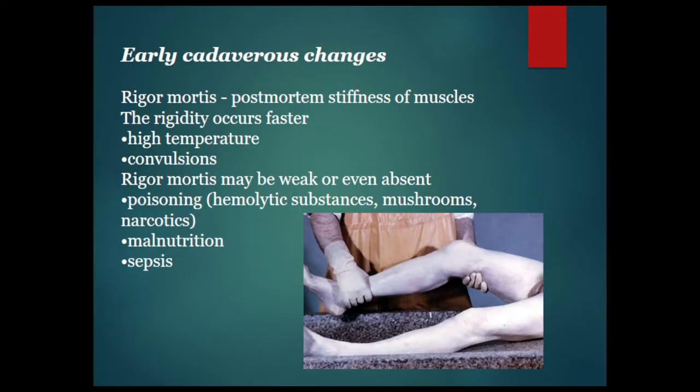That's why we see rigor mortis formation within the first day, first 24 hours after the death, and then after 24 hours after the death, we see relaxation. But this relaxation is not because of ATP supply, it's because of the death of muscular fibers.